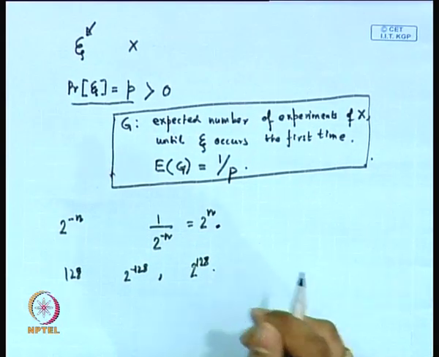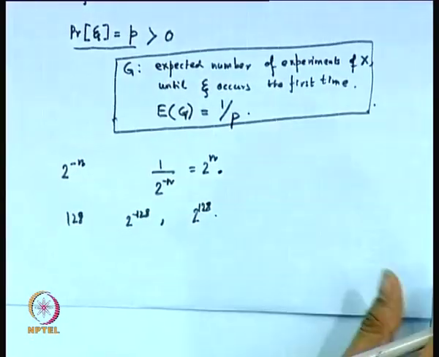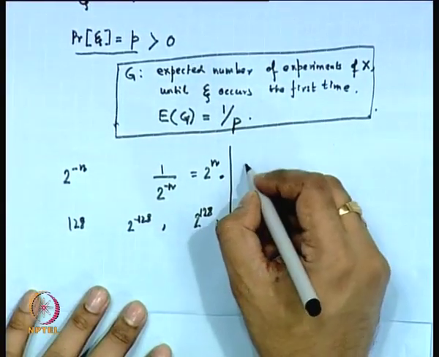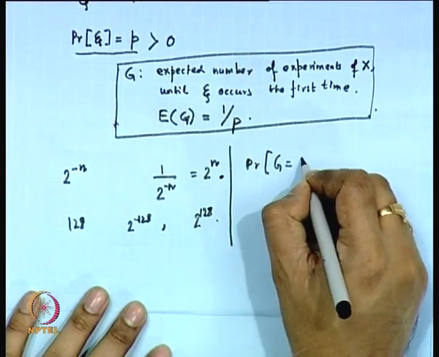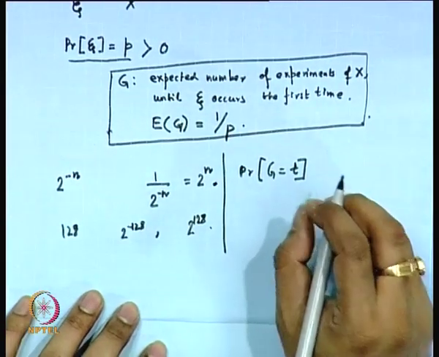The proof of this is actually quite simple, and it follows from the notions of the binomial distribution. The idea is as follows: you find the probability that g is equal to t.